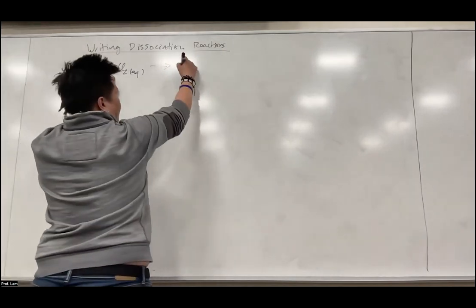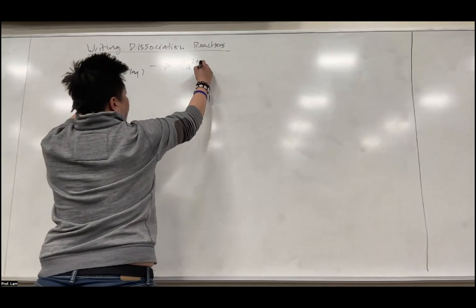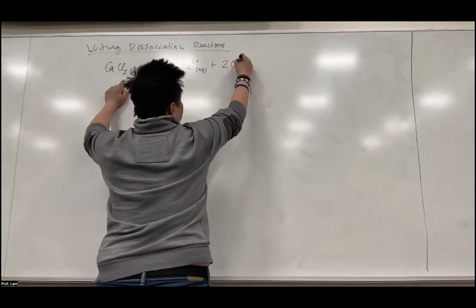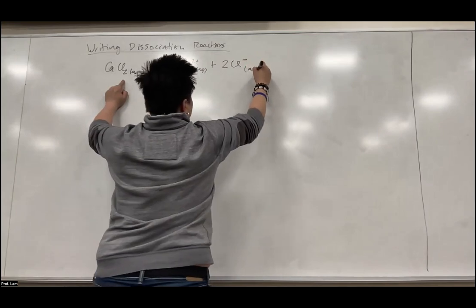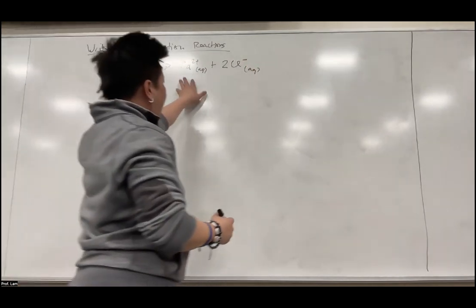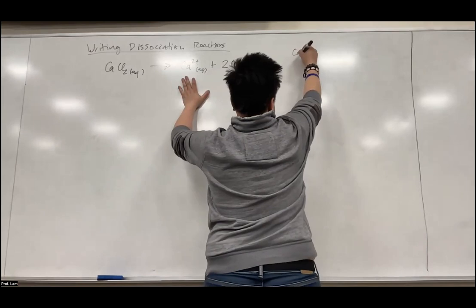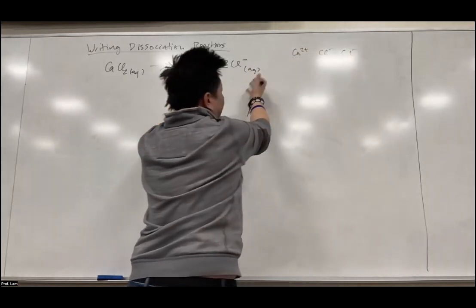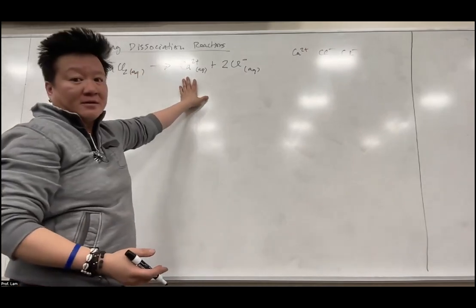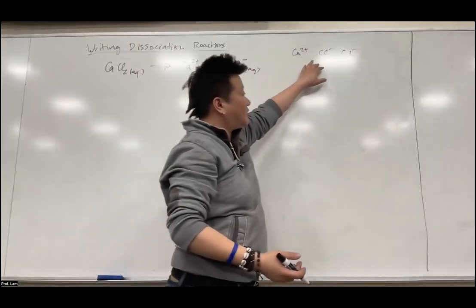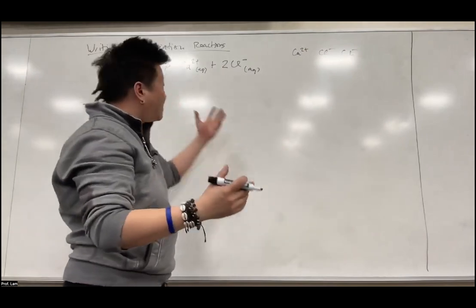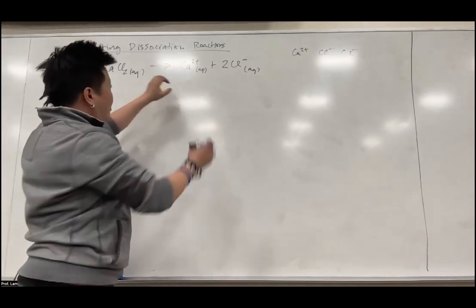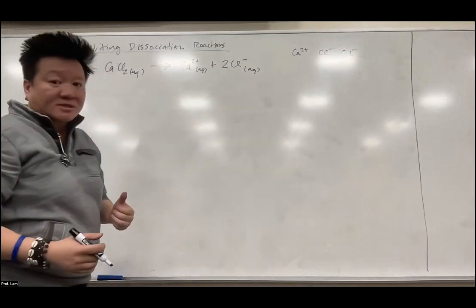Calcium is in group 2A, so calcium is 2+ aqueous, plus there are 2 chlorides. Basically, what this picture looks like is I have calcium 2+, and I've got a chloride, and I have another chloride. These are just swimming in solution because the water came between and dissolved it. So when you see aqueous, that's what it means. You split it up into its ions.